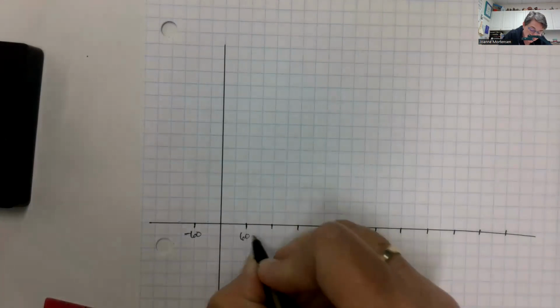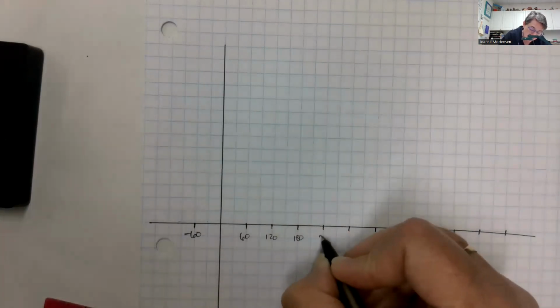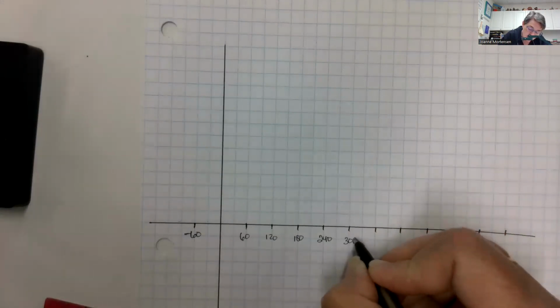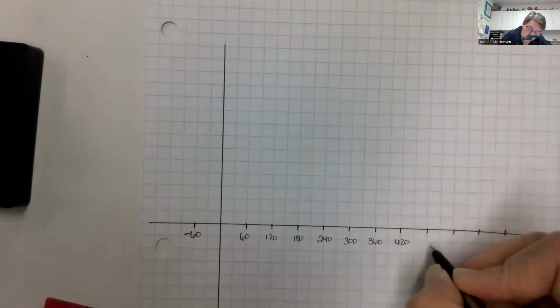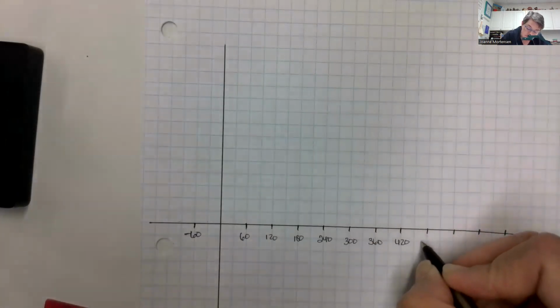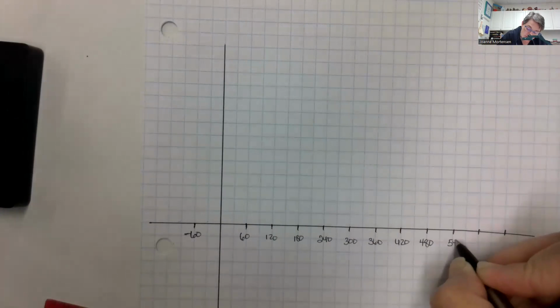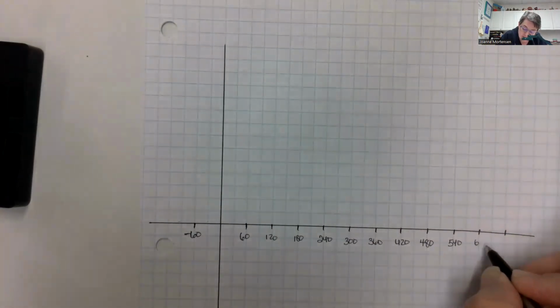So 60, 120. I just thin there for a second. 480, 540, 6.